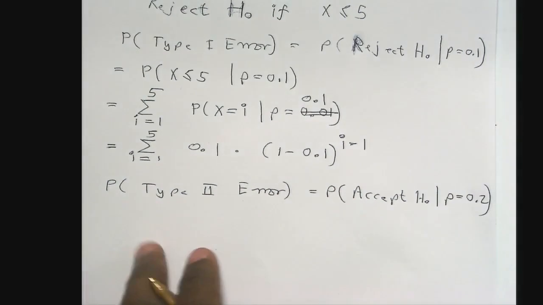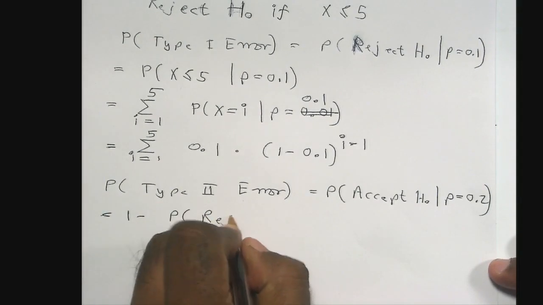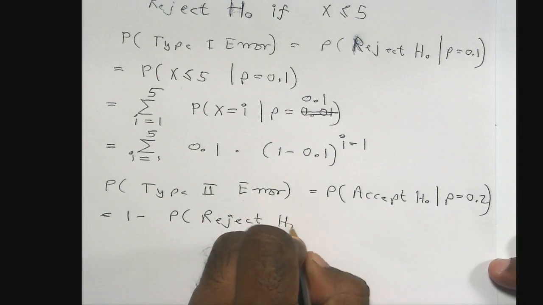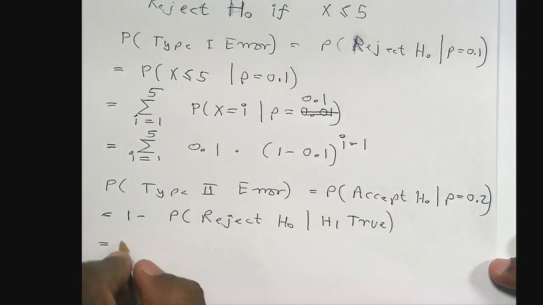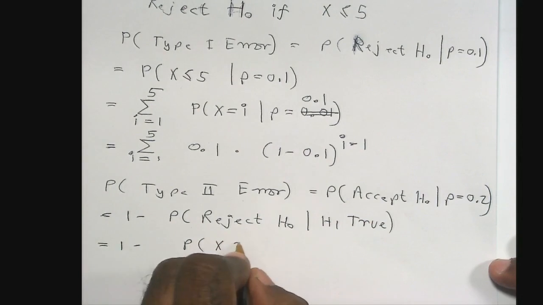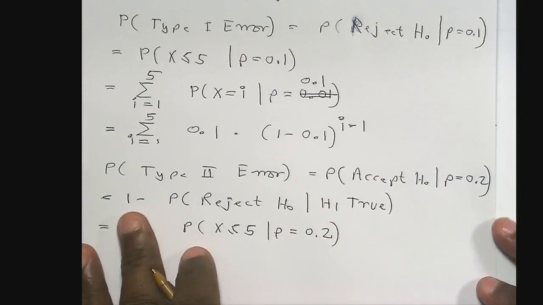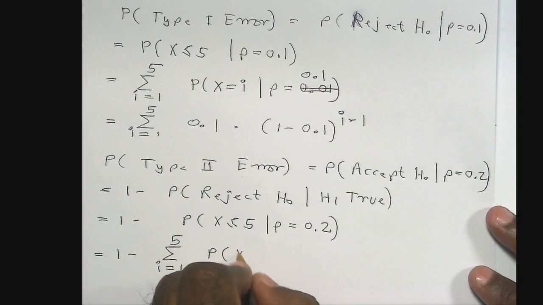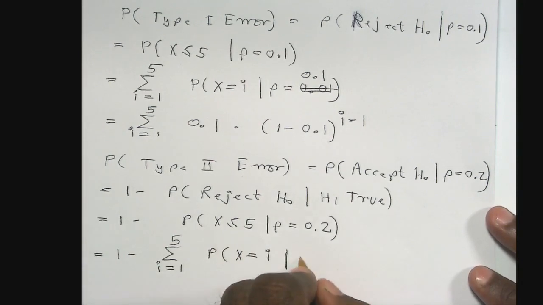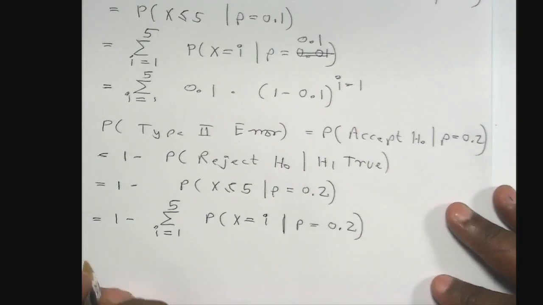So it is 1 minus the probability of rejecting H0 when H1 is true, and this is 1 minus the probability that X is less than or equal to 5 given p equal to 0.2.